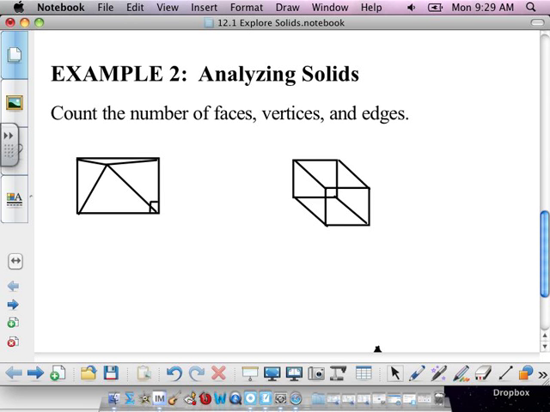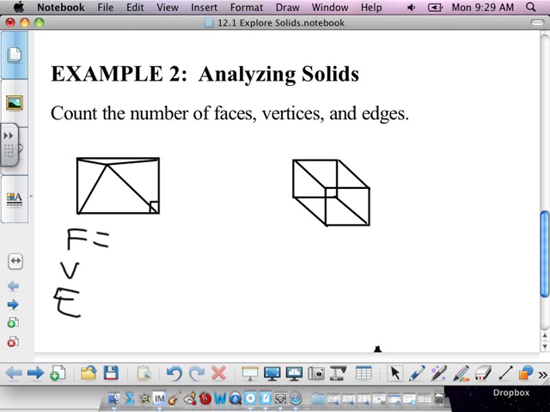So we are looking at here our square bottom pyramid. That's what A is. And I'm holding up this 3D shape, and we are going to list the faces, vertices, and edges, the number of each.